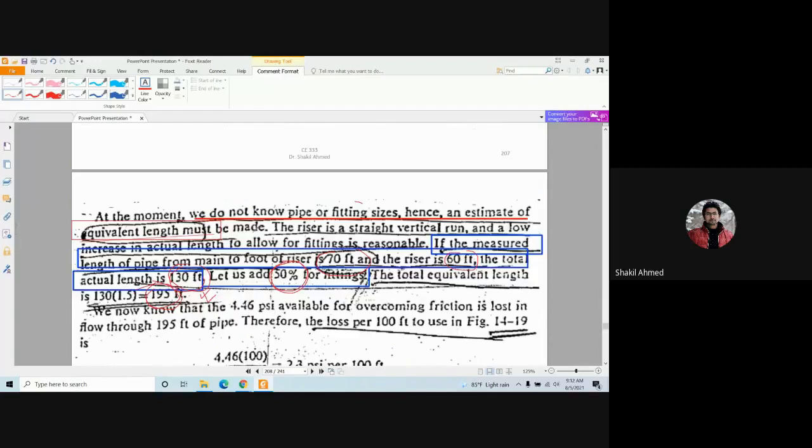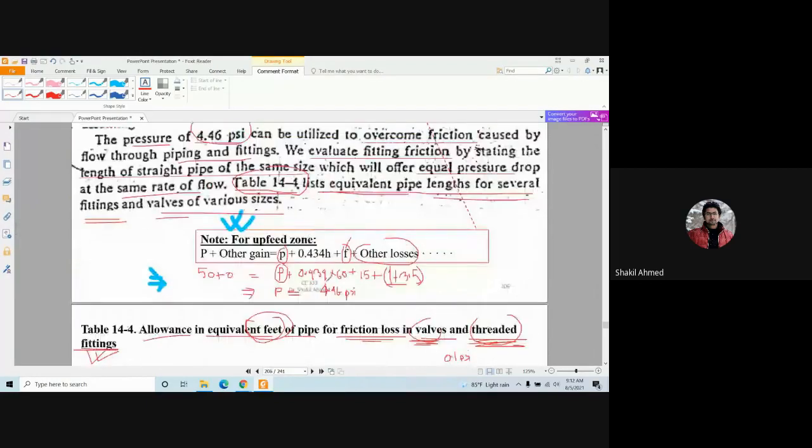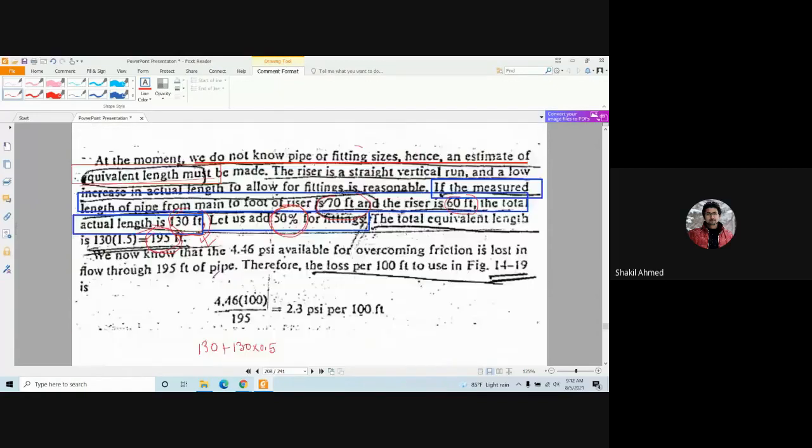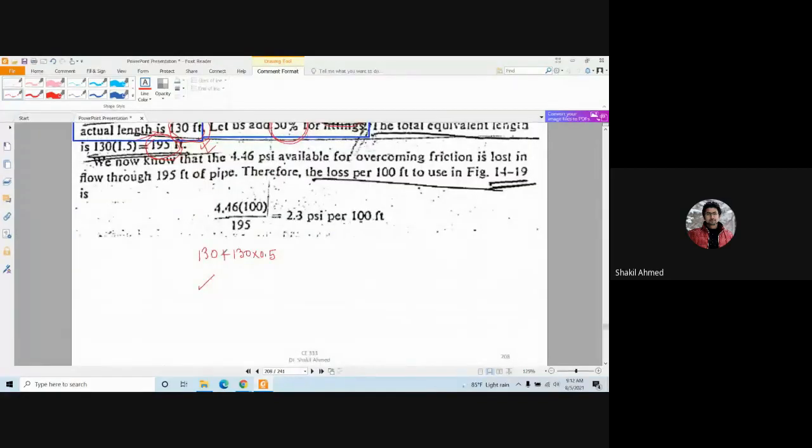Now, how much pressure do we have available for frictional loss? 4.46 psi. So for 195 feet, you have pressure available to drop 4.46 psi.